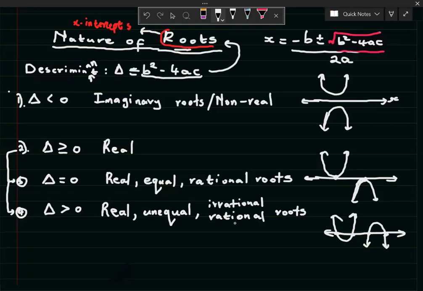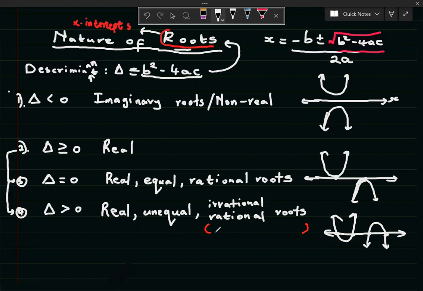Now let's talk about rationality and irrationality of the roots. For the roots to be rational, the number that you are going to be having here under the square root must be a perfect square.